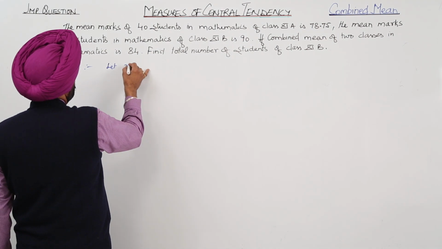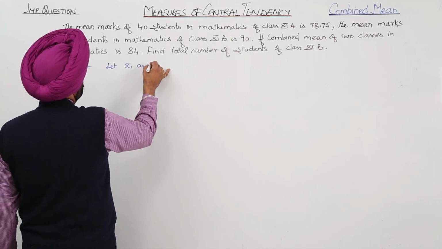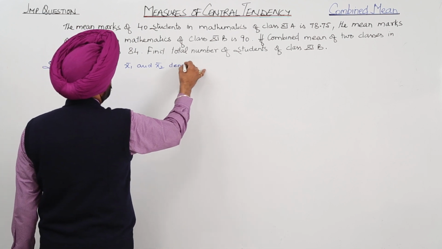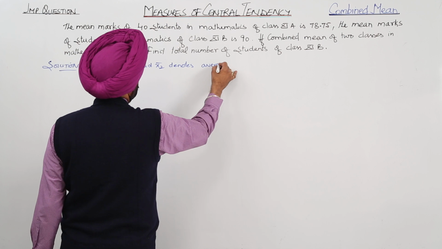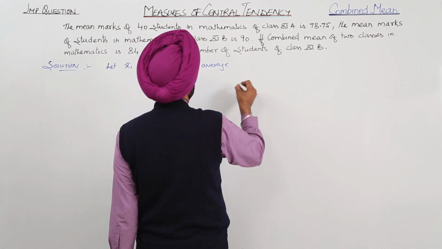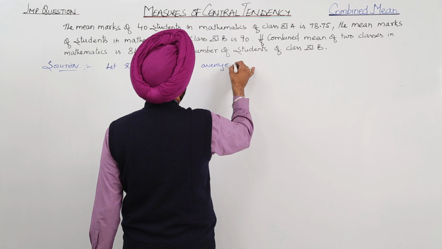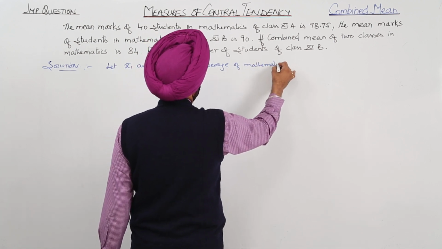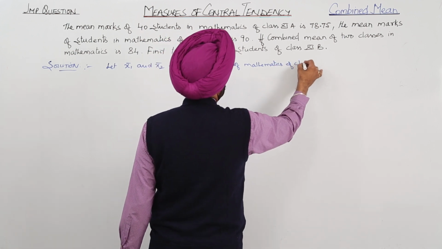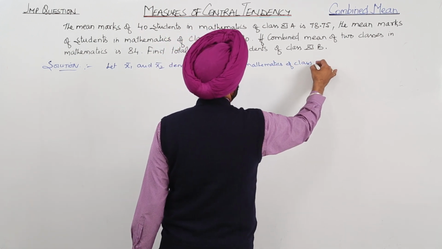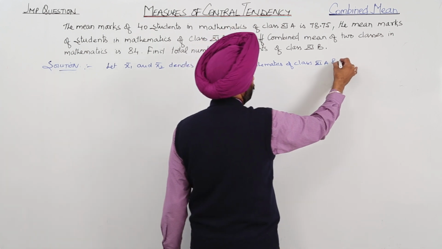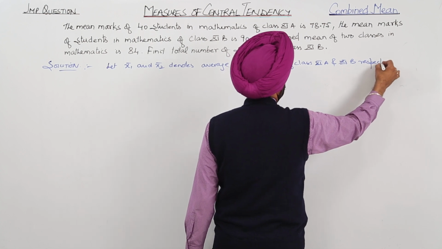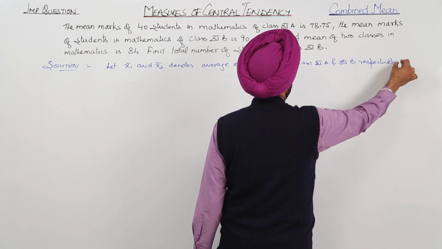Okay. Now let x1 mean and x2 mean denote the average of mathematics of class 11th A and 11th B respectively.